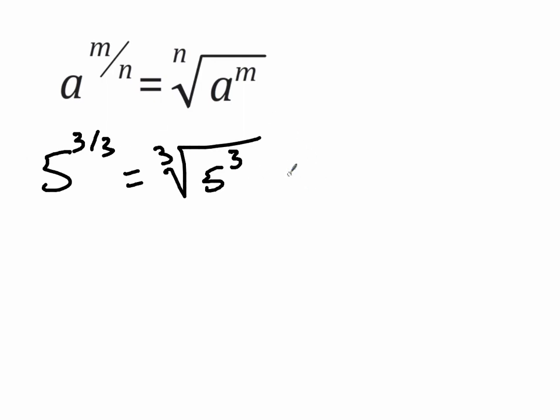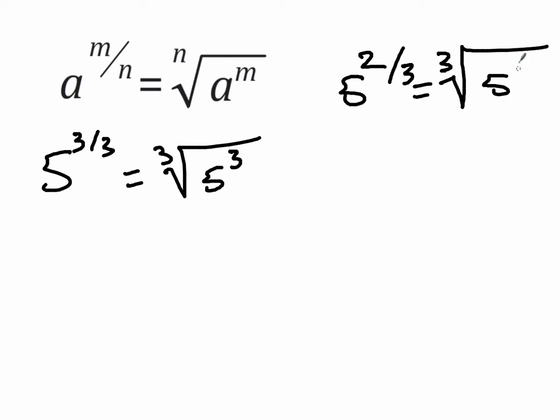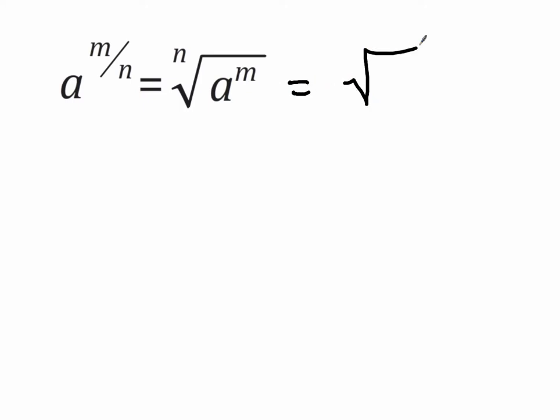This is what we saw in the first example, and let's do a more general expression. 5 to the 2/3 is equal to the cube root of 5 squared, because the denominator of the fraction is the index of the radical, and then the squared goes inside. Now also, this could be written as the cube root of 5, all squared. This is also an equivalent expression. So sometimes it's easier to write that way, and I'll use this fact a few times. So let's do some examples of that.